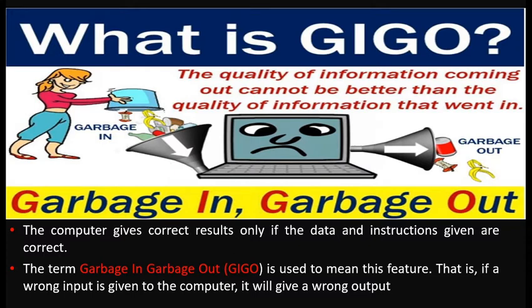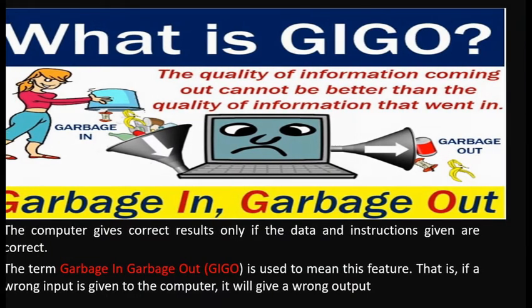It gives only an incorrect result. That is, computer gives correct result only if the data and instructions given to the computer are correct. That is nothing but the garbage in, garbage out feature of a computer. That is, if a wrong input is given to the computer, it will give a wrong output.